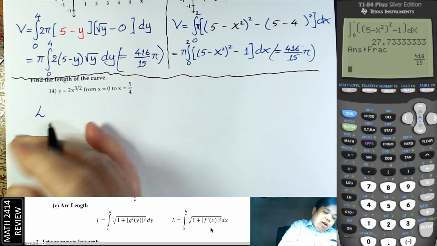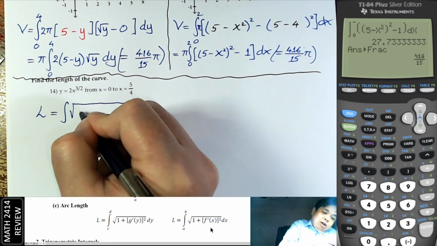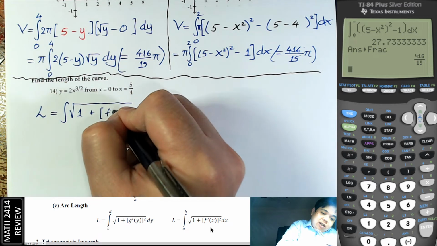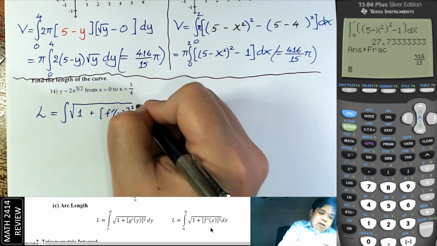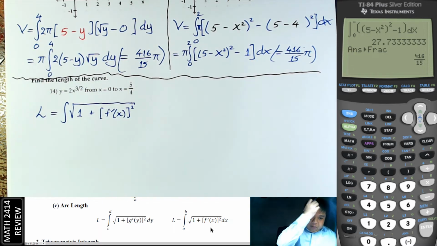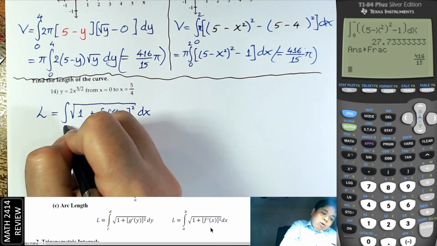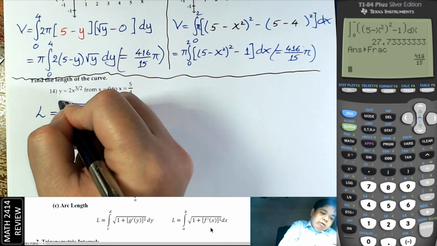So the arc length is the integral of the square root of 1 plus the derivative in terms of x, squared, dx, going from 0 to 5 over 4.